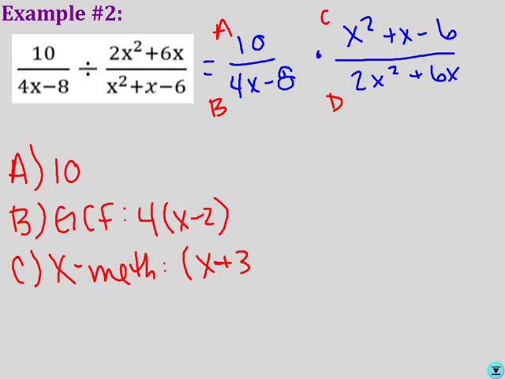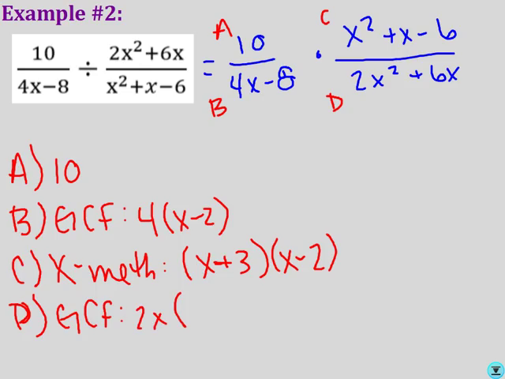So that would be plus 3, and x minus 2. And B, GCF as well, which would be 2x, x plus 3. And as you can see, just from factoring, we have some things that we'll be able to simplify out.